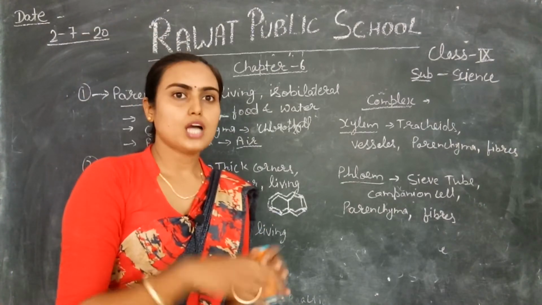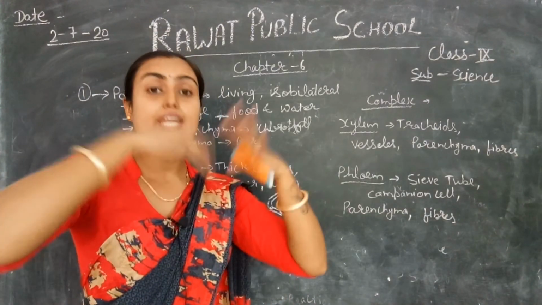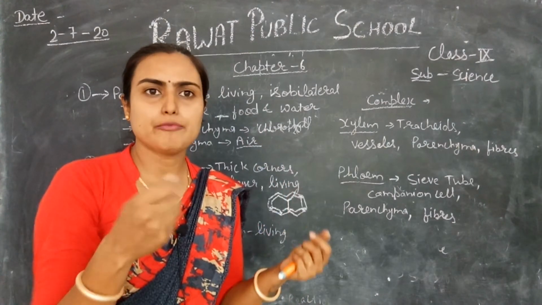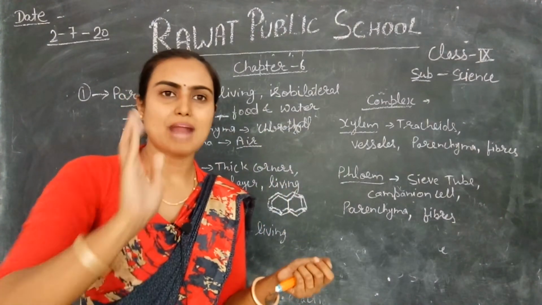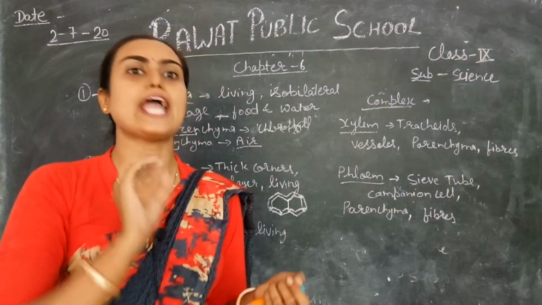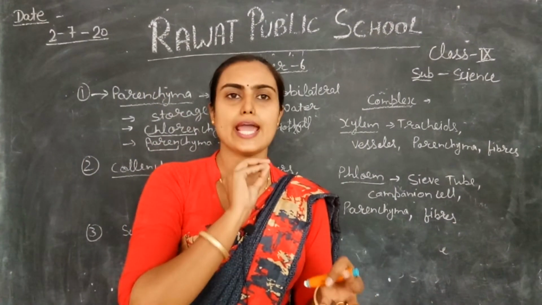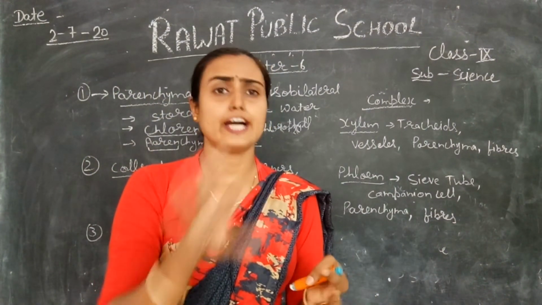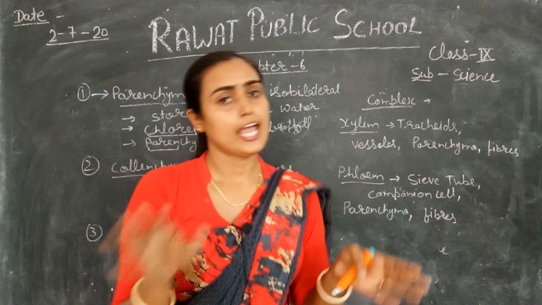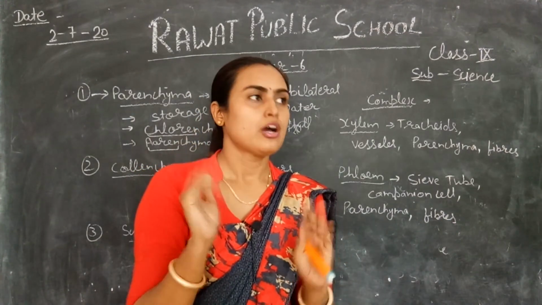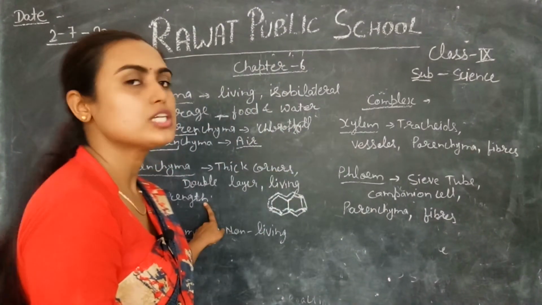Because you see that very large trees, even with weak stems, stand erect always in any drastic condition, in any flood and air, whatever the condition, they stay erect easily. Why? Because of this collenchyma.